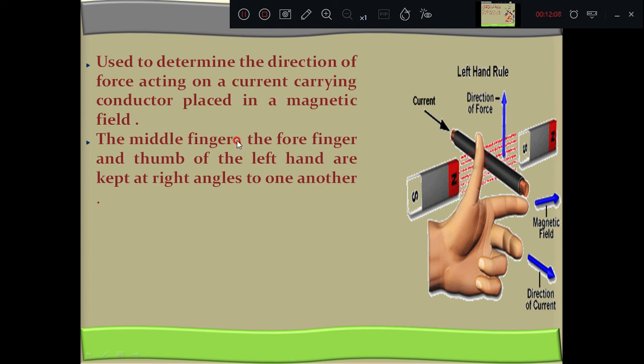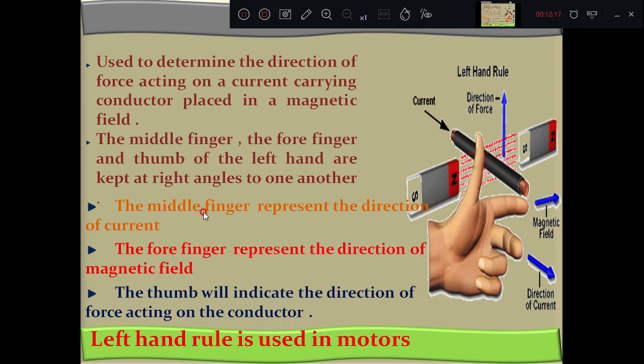The middle finger, the forefinger and the thumb of the left hand are kept at right angles to one another. The middle finger gives the direction of the current.